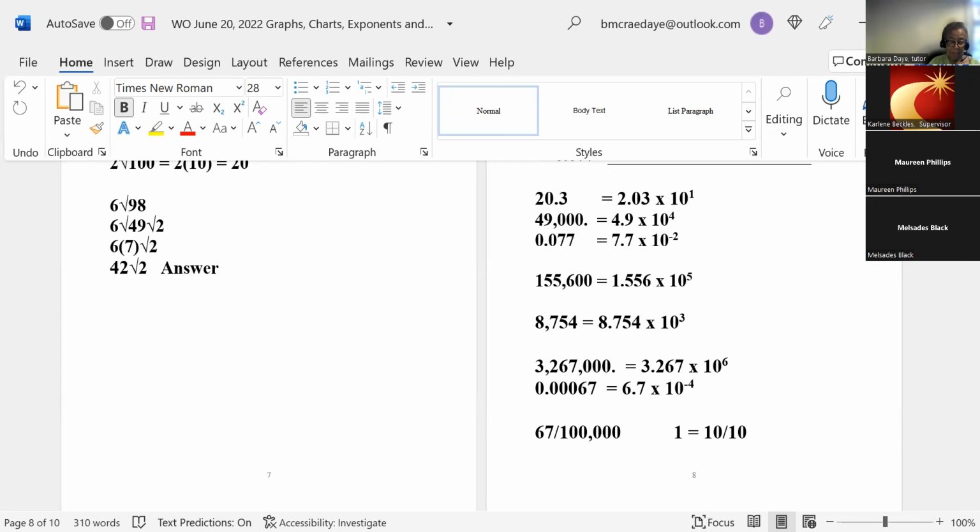But if I have a fraction where my numerator is a lot smaller than my denominator, then I have a fraction that's less than 1. Except this is a big fraction, 67 over 100,000. So when I say less than the whole number 1, that means all fractions less than the whole number 1.